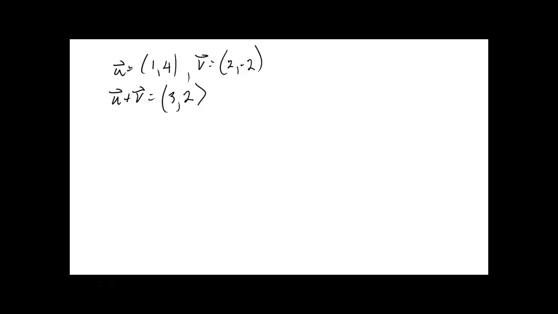Now, just a little bit of an indication of what I was talking about. The magnitude of this vector is the square root of 17. Magnitude of that one is the square root of 8. What's the magnitude of this one?